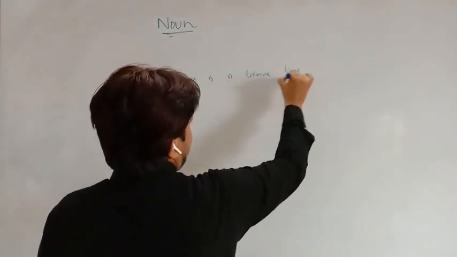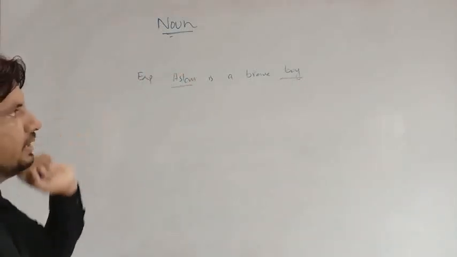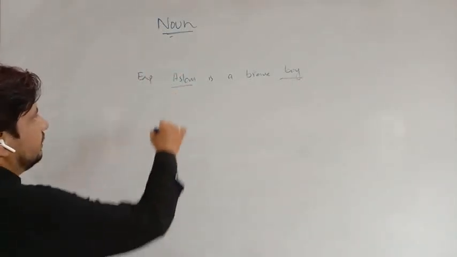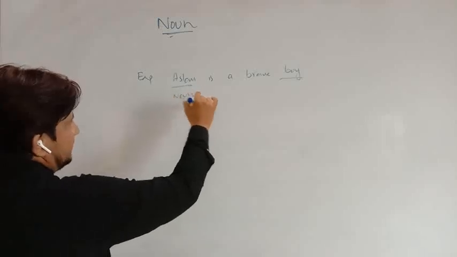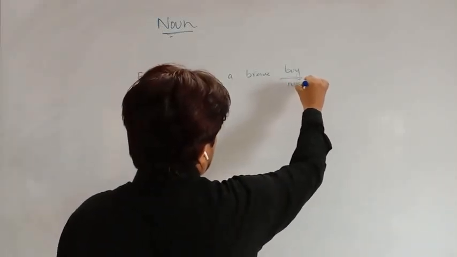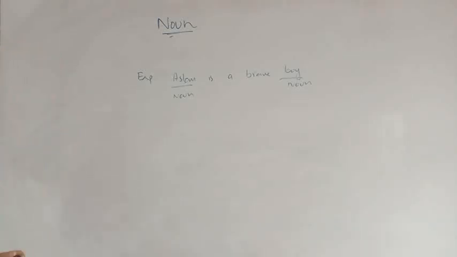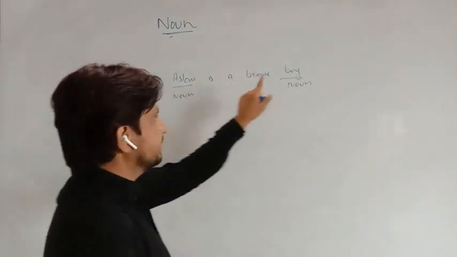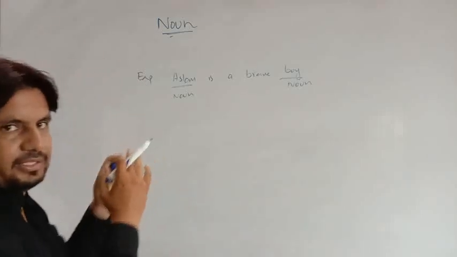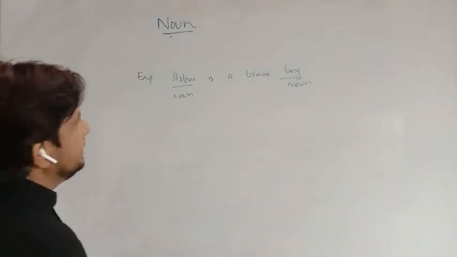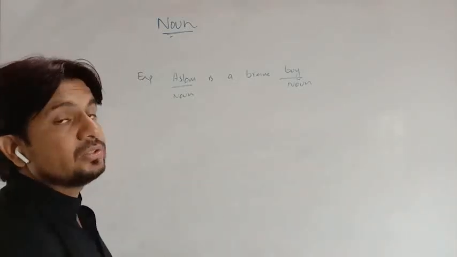There are two names used in this sentence. Number 1, Aslam, and number 2, boy. These two words are included in noun. In this sentence, you can indicate that there are only two nouns.